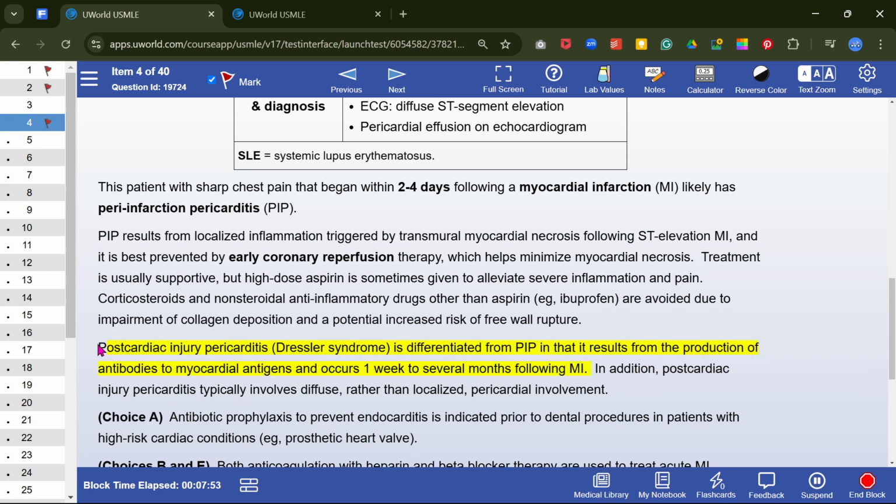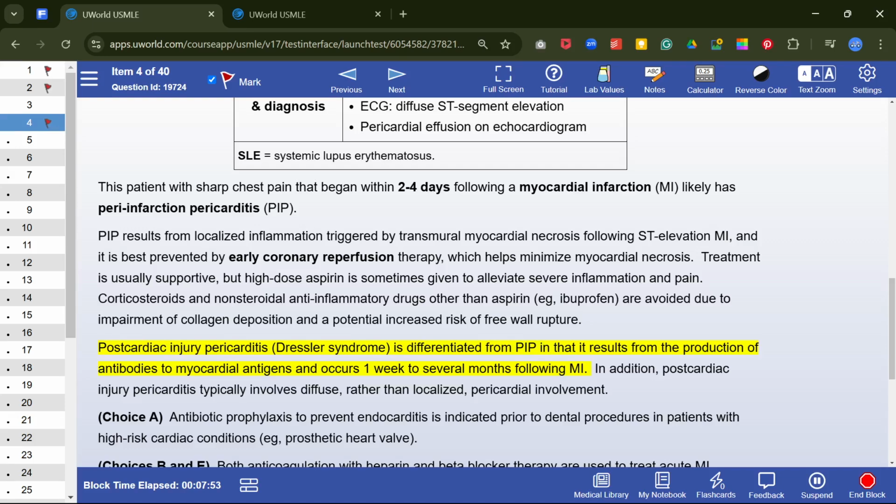I'm not getting it. What is this line? So if it happens within 2 to 4 days, it is peri-infarction pericarditis.